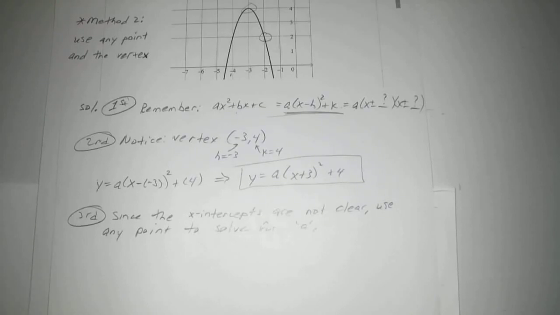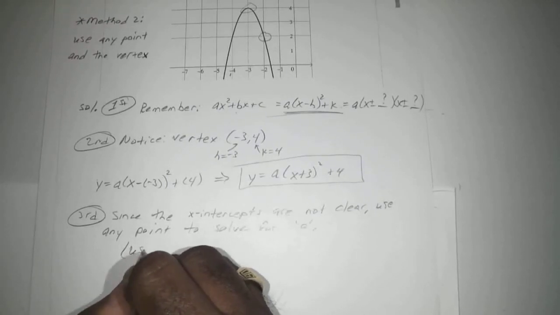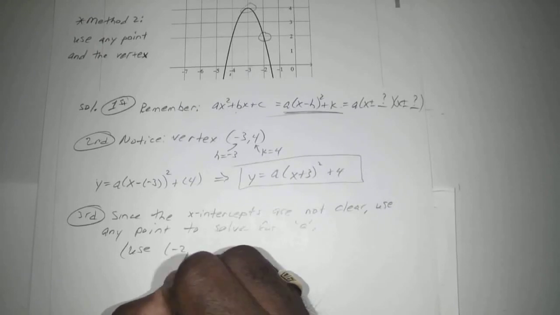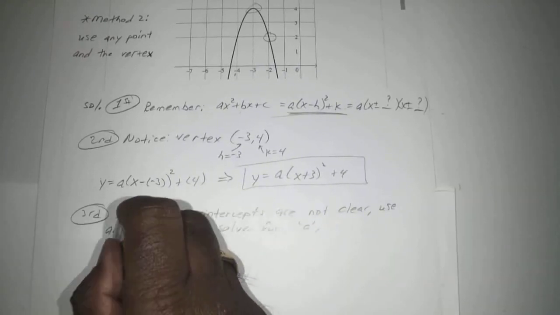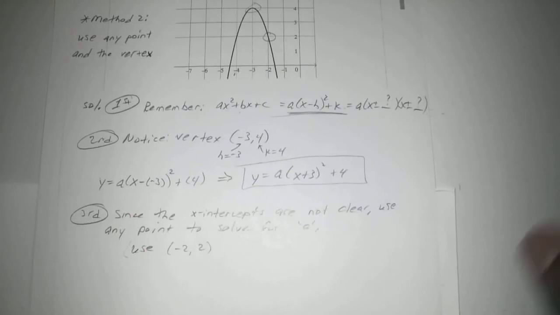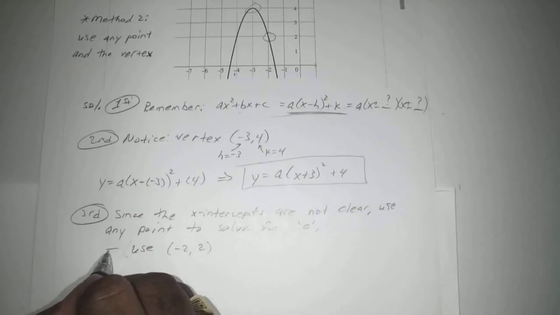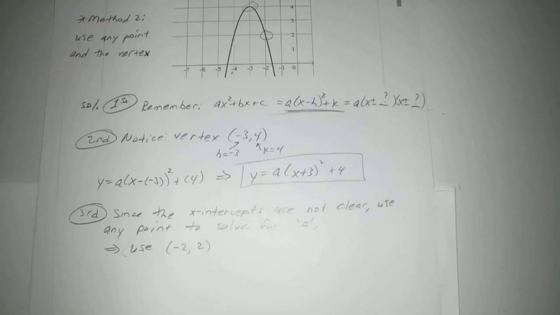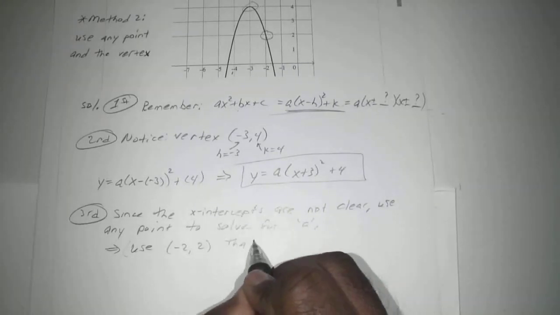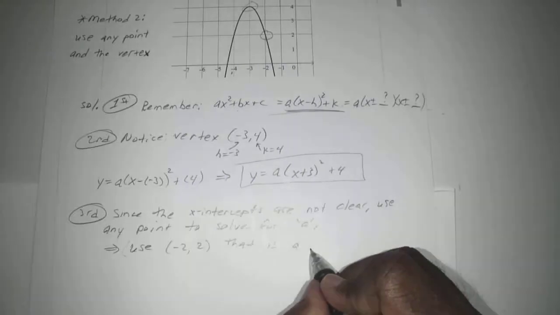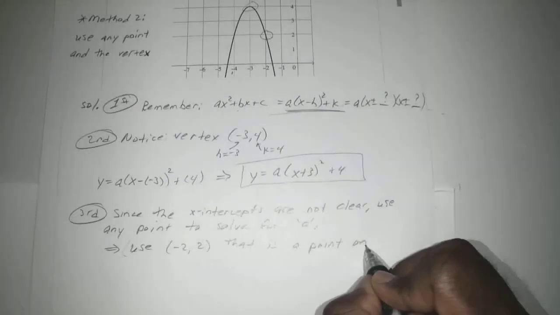So when you can't use the x-intercepts, you can use any point. So for this one, we'll use (-2, 2). And I don't want to have a bunch of parentheses laying around. That is a point on the graph.